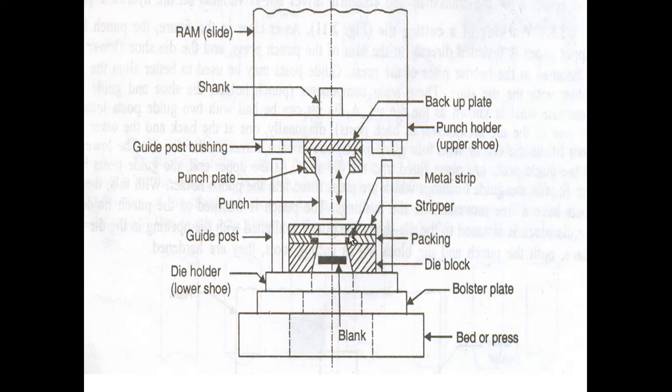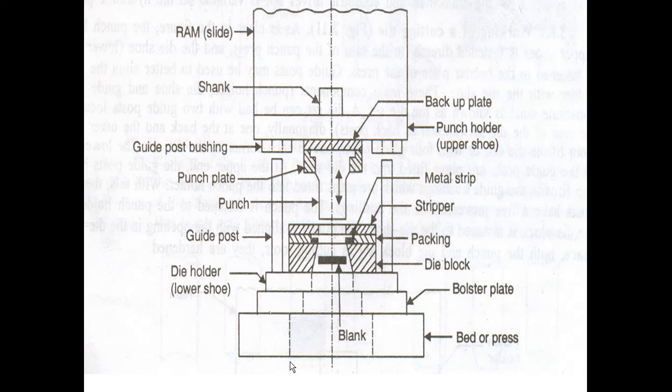This is the lower part: stripper plate, packing, die block. This assembly is fastened to the die holder, and the complete lower assembly of the die set, that is die holder and guide post, is fastened to the bed of the press directly, or there may be an intermediate plate called the bolster plate.